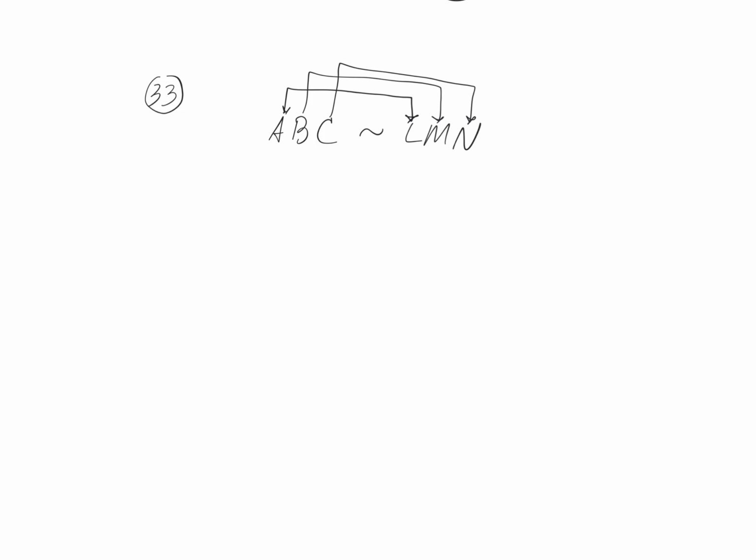Well, again, L corresponds to A. So L is going to be whatever A is. And what is A? A is 48 degrees. So since A is 48 degrees, that means that L is also 48 degrees.